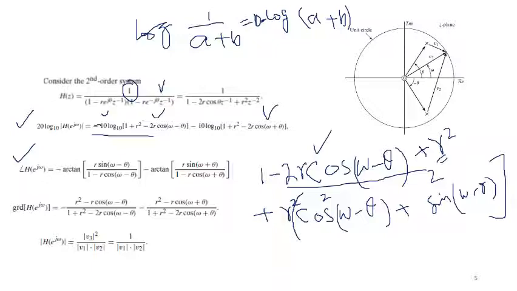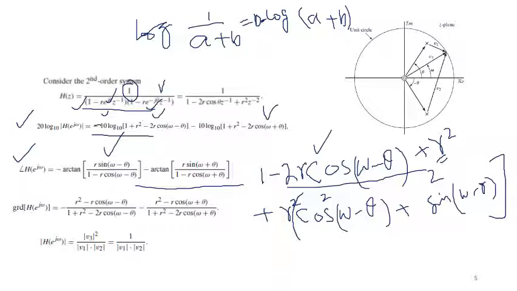But here, because the numerator consists of only real terms, tan inverse of real upon real will be equal to 0. So we have 0 minus the phase of the denominator. It consists of two terms, so we will have arc tangent for this term, and again minus the phase of this second term. So that's how we find the phase for this one.